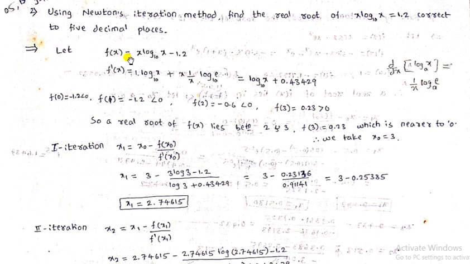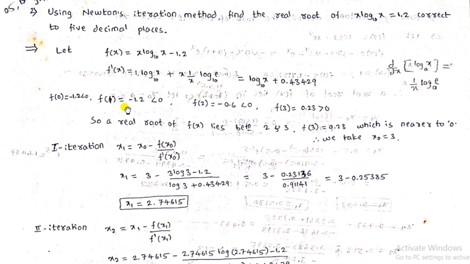So when you substitute 0, so 0 log 0 minus 1.2, which gives the negative value or less than 0. Then substitute x is equal to 1 in this function, which also gives negative value minus 1.2, which is less than 0. Then substitute x is equal to 2, so again gives negative value, less than 0. When x is equal to 3, which gives the positive value 0.23, which is greater than 0.